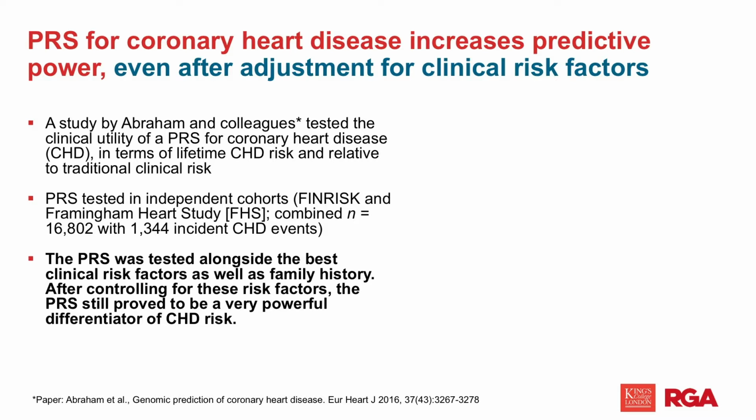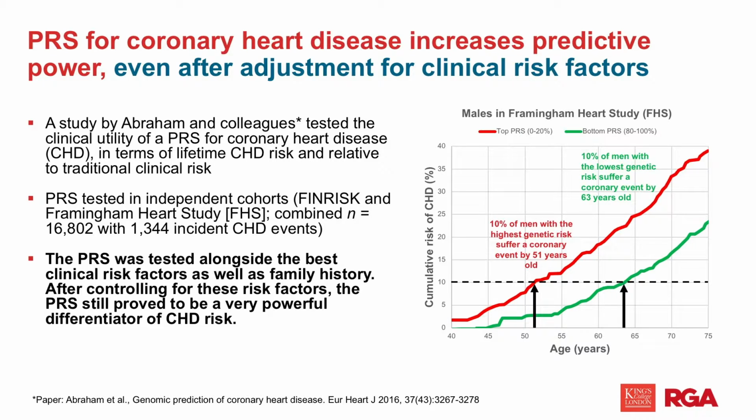So what they did was they looked at various cohorts of men and women, notably the FinRisk cohort and the Framingham Heart study, and they used that polygenic risk score alongside the best clinical risk information for coronary disease, i.e. your BMI, your blood pressure, and most notably family history. And after controlling for those risk factors, the polygenic risk score still proved to be an extremely good risk differentiator of developing coronary disease.